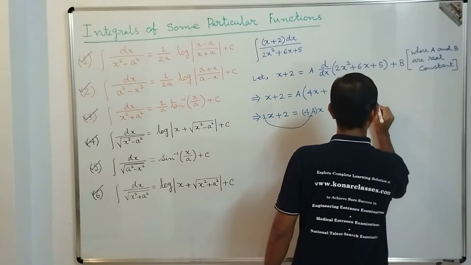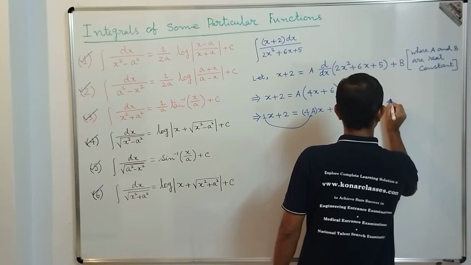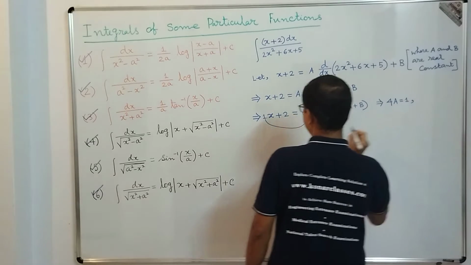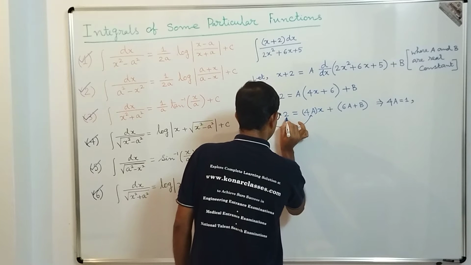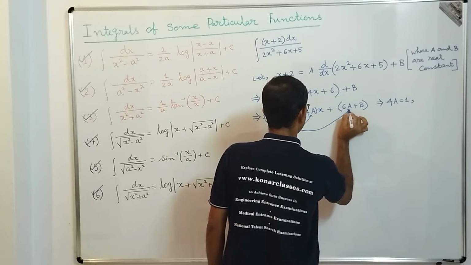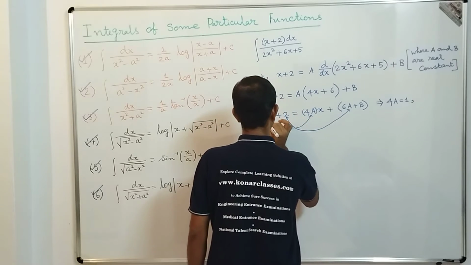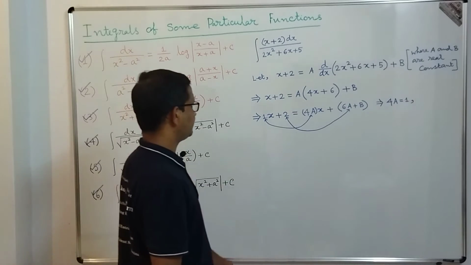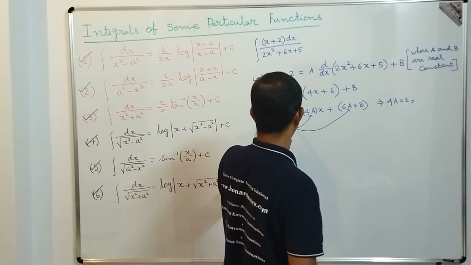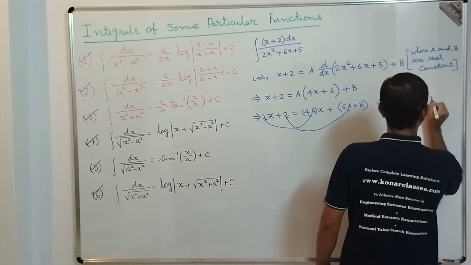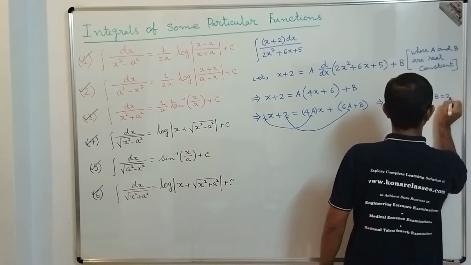So from here we get 4 into A is equal to 1, and the constant term in the left hand side, which is 2, should be equal to the constant term in the right hand side, which is 6A plus B. So 6A plus B is equal to 2.